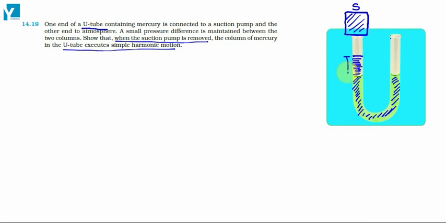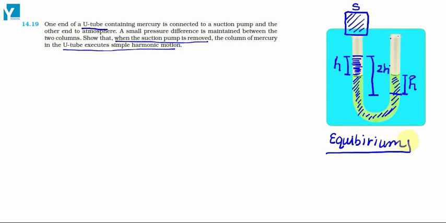This height is h, and this side of the liquid will lower down by height h. So the difference in heights on the two sides of the column will be 2h. This condition is in equilibrium.